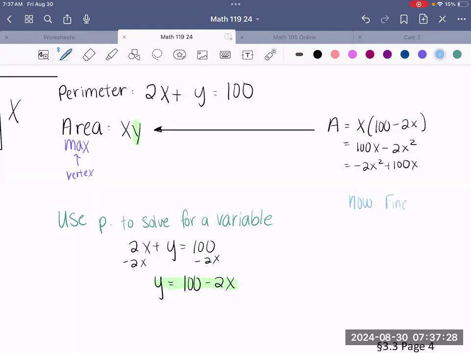Find the vertex. The vertex, we said, is x equal to negative b over 2a. In our case, your b is 100 and your a is negative 2. So you have negative 100 over 2 times negative 2, negative 100 over negative 4.